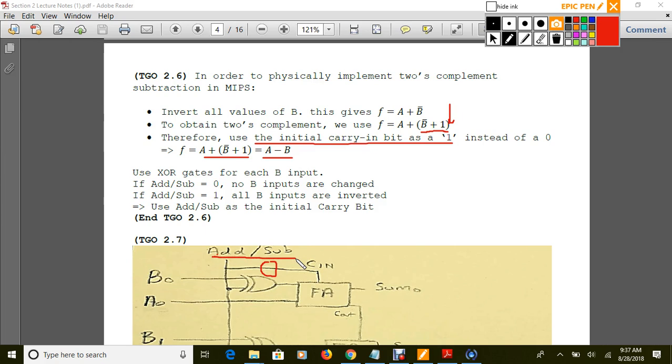Initial bit here, and I'll scroll down for the rest of TGO 2.7. Basically, if we're doing addition, that means we want our initial carry in to be 0, right? So 1 plus 1, you don't want a 1 carry in, or else you're getting all kinds of funky values. For subtraction, we want the carry in to be 1 initially. So setting add to 0 and subtract to 1 means we have a control signal to the initial carry in, right?